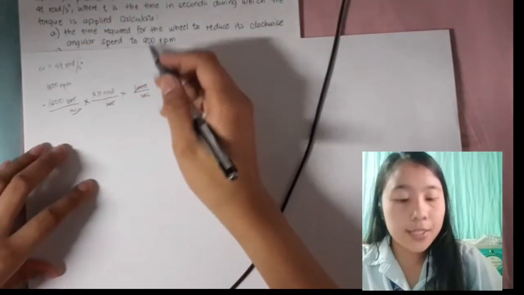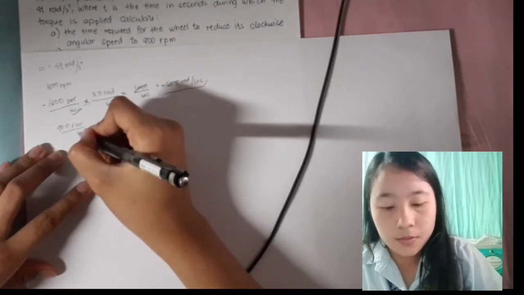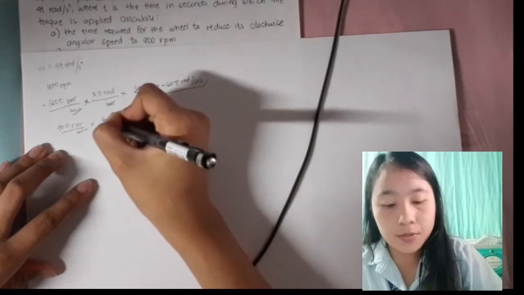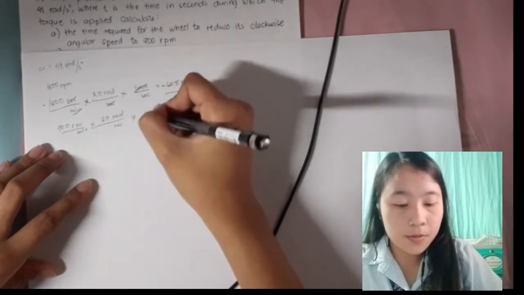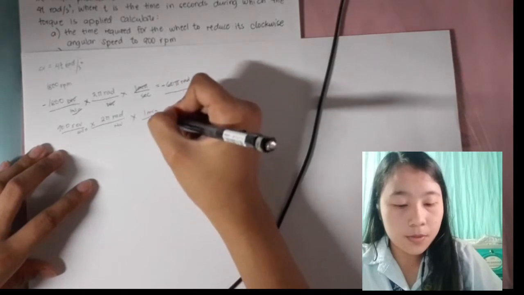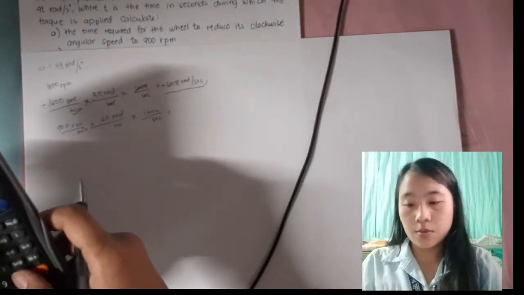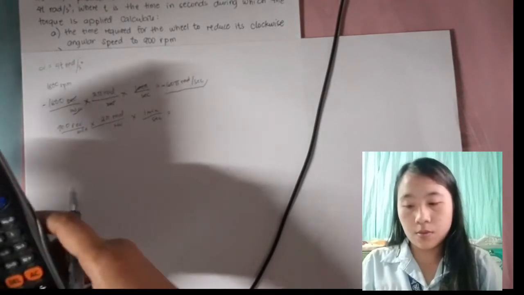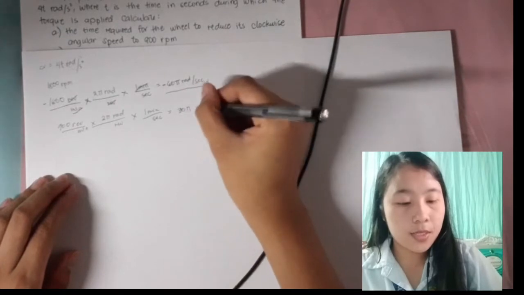Next, 900 RPM. Same process: per minute, then 2 pi rad, which is equal to 30 pi.